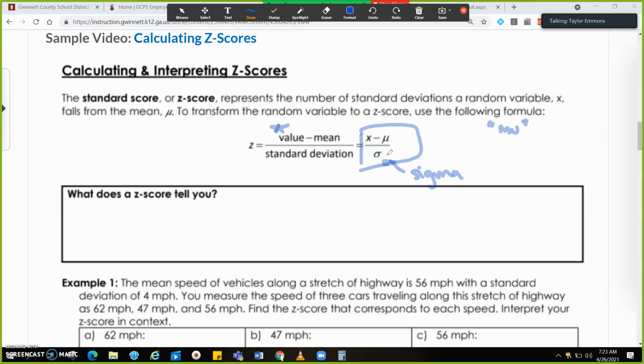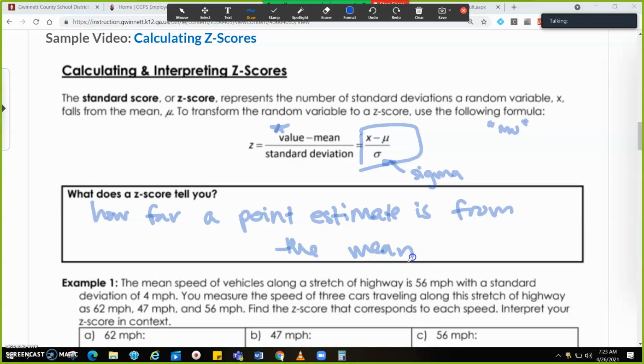What does a z-score actually tell you? It tells you how far a point estimate is from the mean. So if we say 1 standard deviation away from something, that has a z-score of 1.